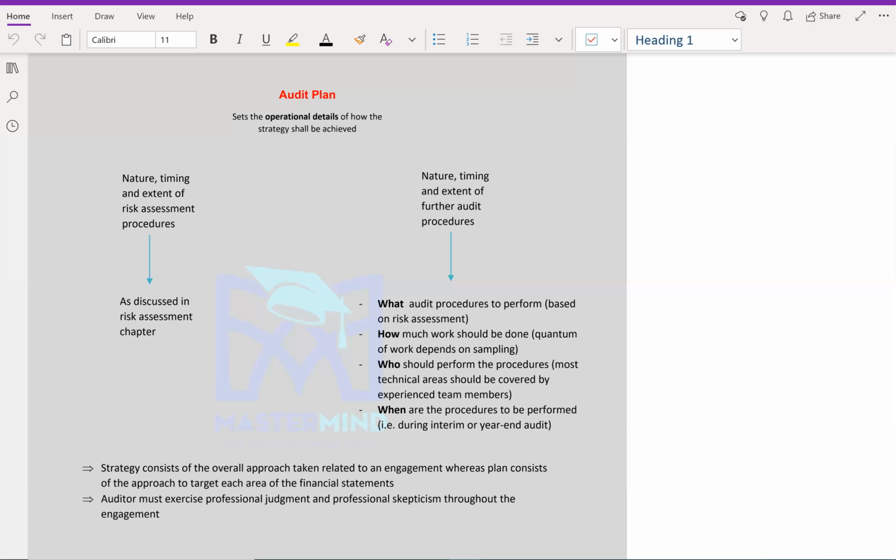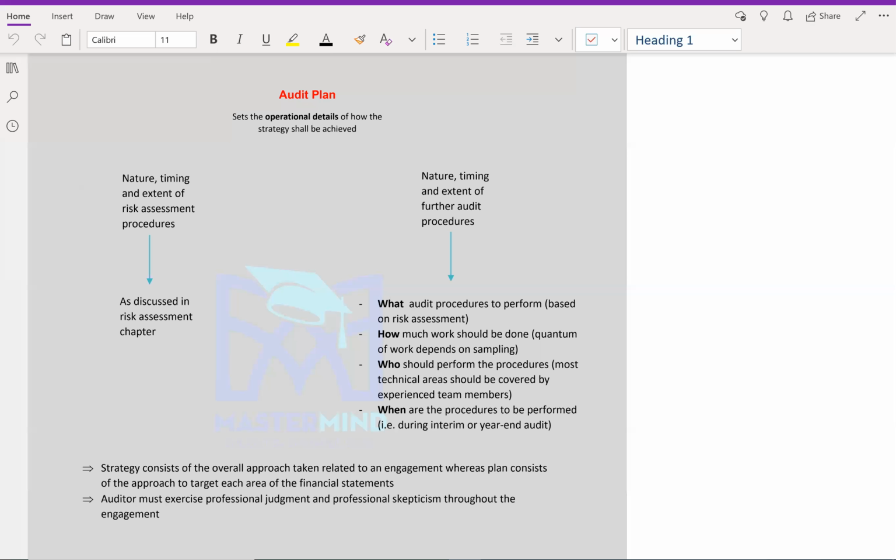So there could be various reasons. You obviously investigate the reason. You basically gather evidence around the reason. Why? Because obviously you need to make sure that your records are up to date. If it's been sold before year end, you remove it from the sheet. Why hasn't it been removed? It means your records are not up to date.